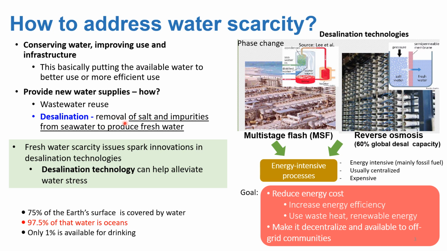Thereby, desalination is a perfect method to remove salts from seawater in order to make it potable or at least safe for various applications. Thus, the freshwater scarcity has really sparked innovations in desalination technologies.